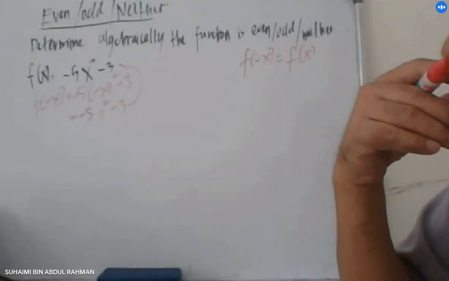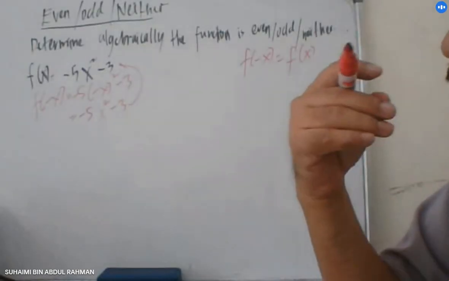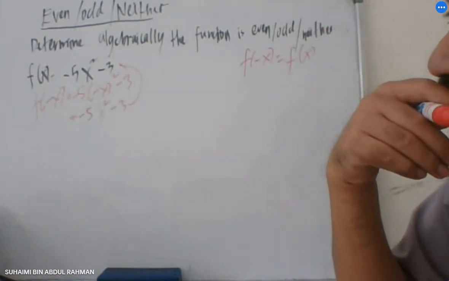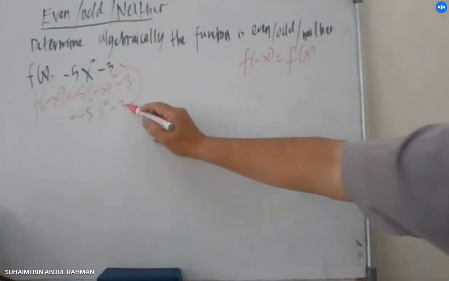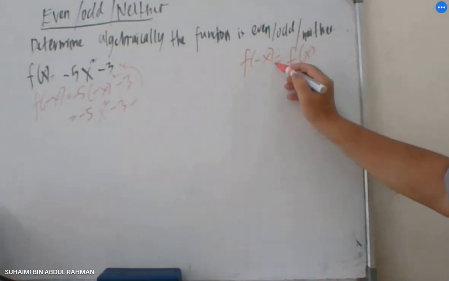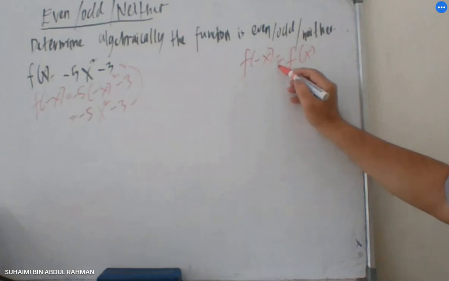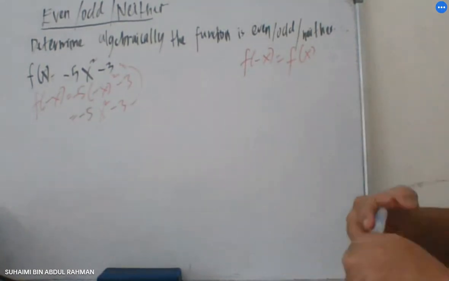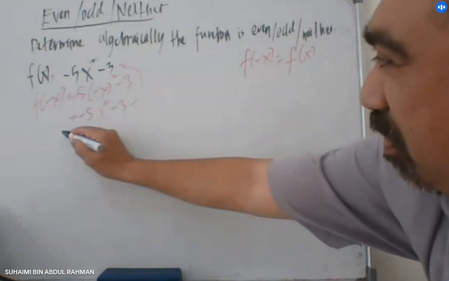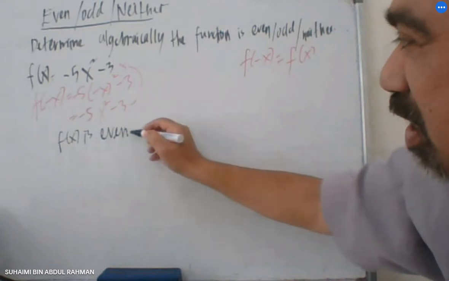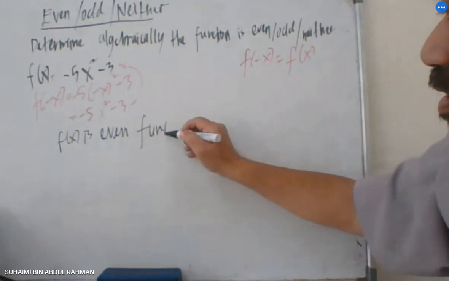If you say not the same, you have to wear glasses. So when it's the same, what is the conclusion? We can say that the function f of x is an even function.